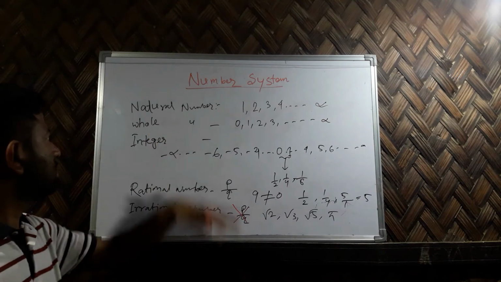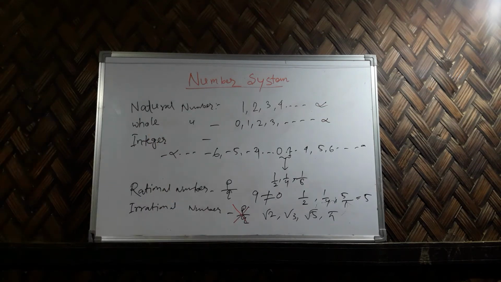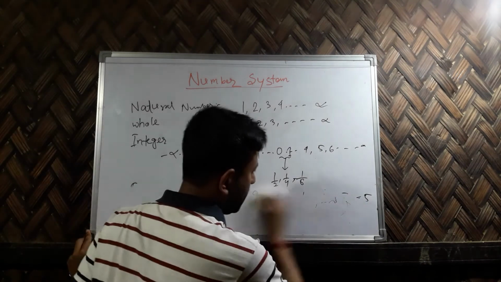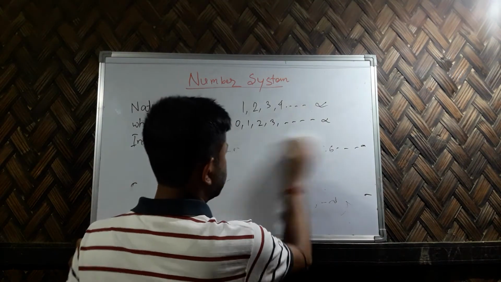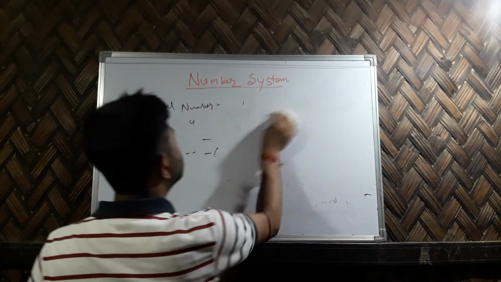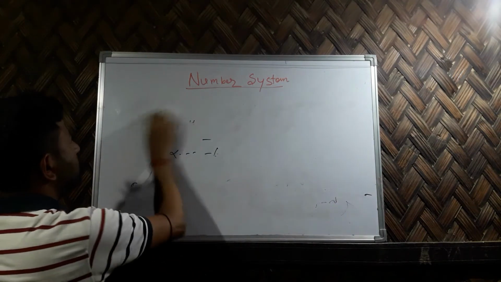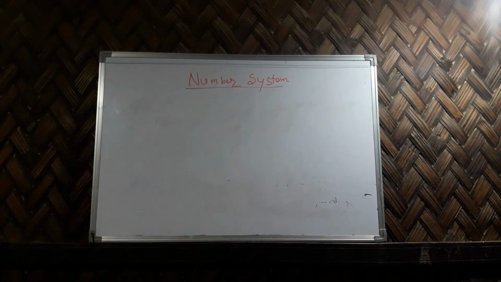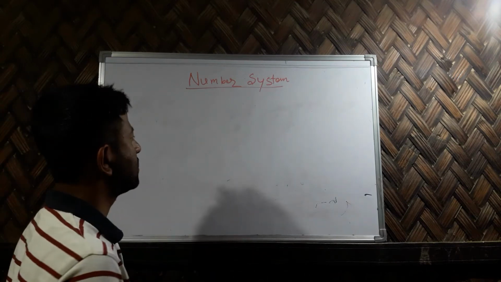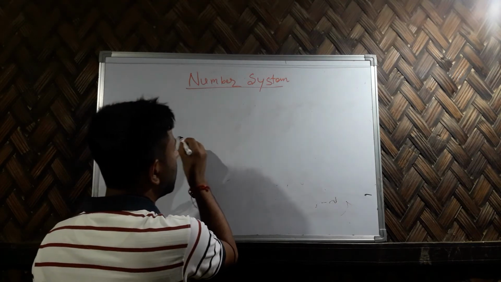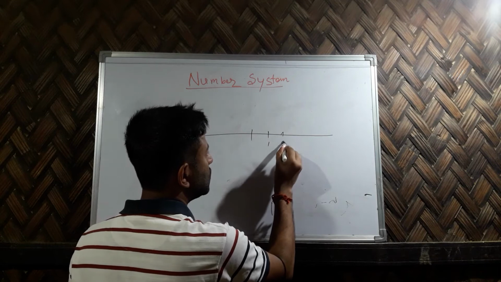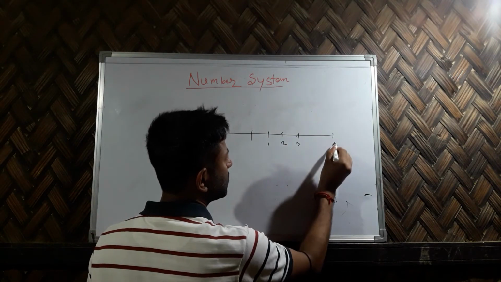So this is the whole story. Now if I represent all this in the form of a number line. Number line means I am representing all these numbers on a line. I start from 1, this is 2, this is 3, dot dot dot, infinity.